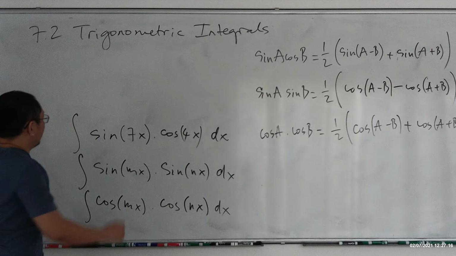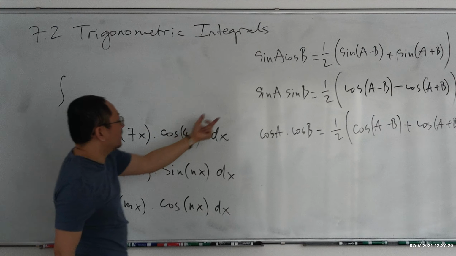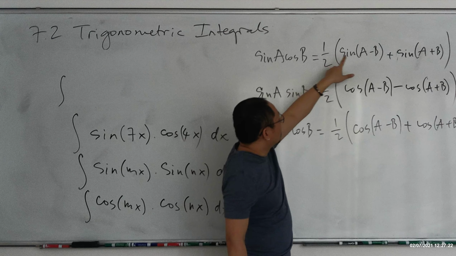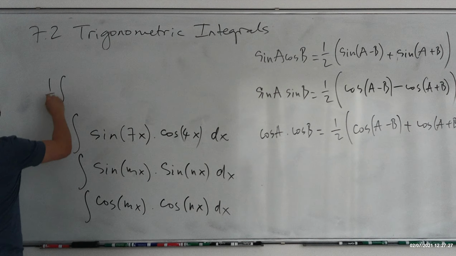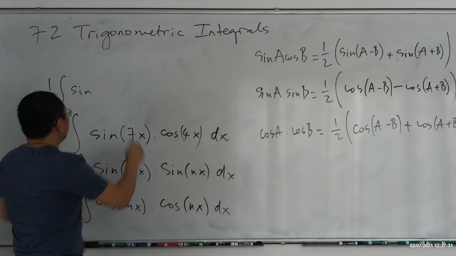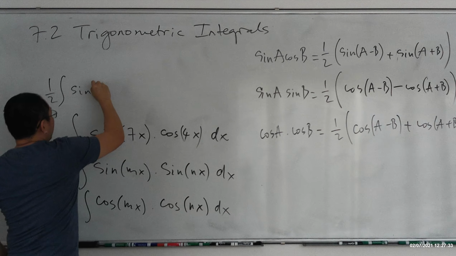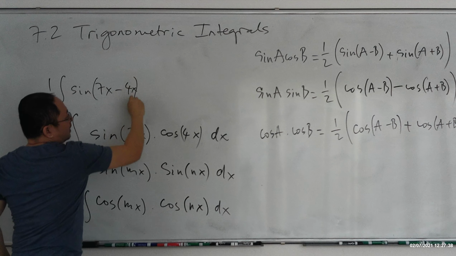So let me write this up. This is the integral of sine times cosine, which is 1/2 sine of the difference plus sine of the sum. So I want the 1/2 in front. The difference, 7x minus 4x, let me write the whole thing for you first; later on, you can just do the subtraction.